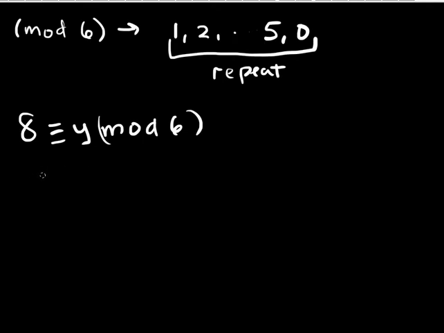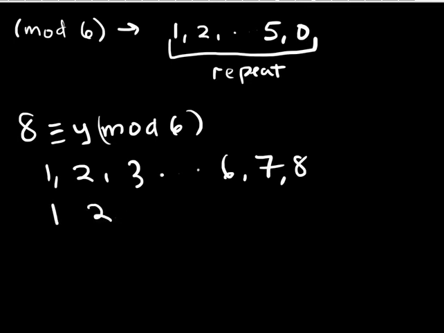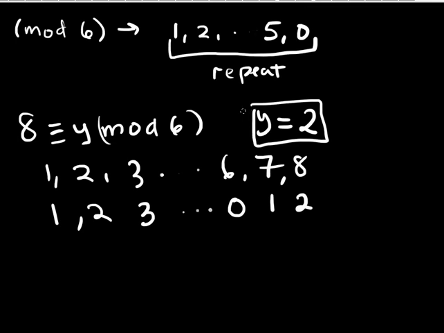We go 1, 2, 3, up to 6, 7, and 8. We start with 1, then 2, 3, and so on. Rather than having 6, we would have 0, and then 1 and 2. So y has to be equal to 2. It's fairly straightforward.